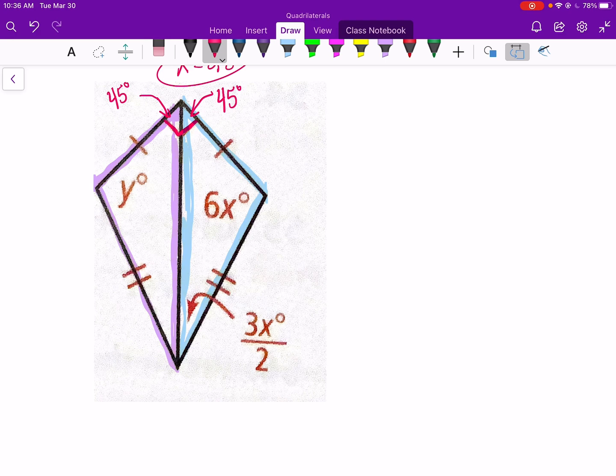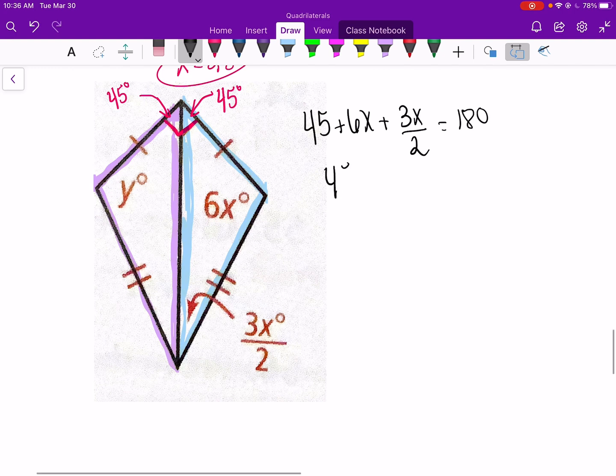So if we look at our triangle on the right-hand side, the blue triangle that I highlighted, we have information for all three of those angles. So I'm going to use that to set up an equation. 45 plus 6x plus 3x over 2 should be equal to 180. I can add like terms.